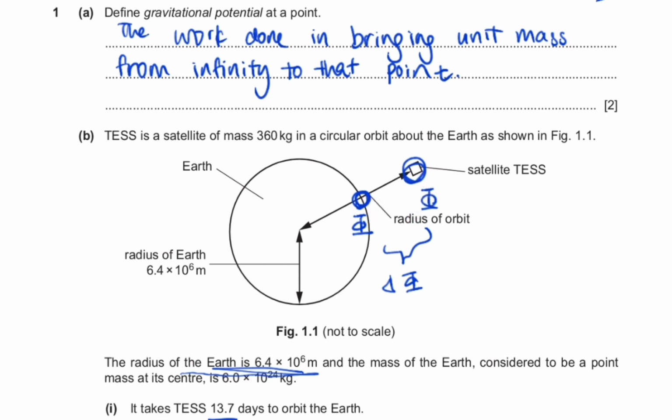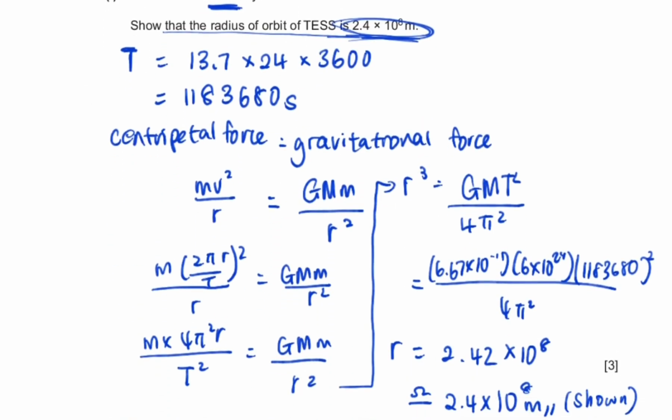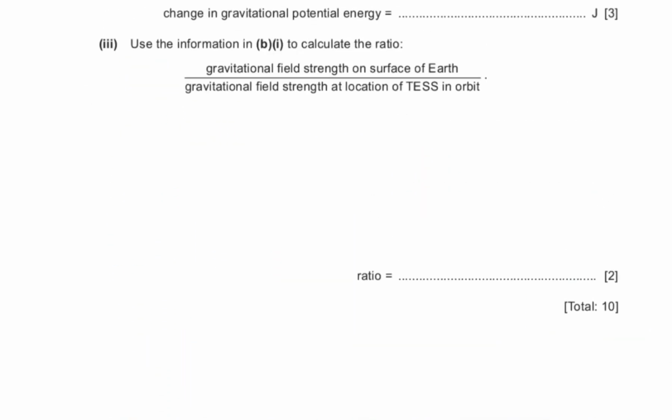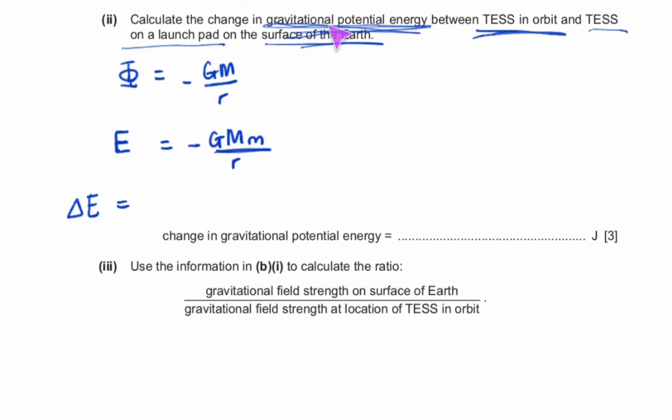We can take the radius of the orbit of Tess, and then we can minus it from the radius of the Earth. So we have two values here, and we just have to use these two. So we can go ahead and do that right now. And we obviously don't need the negative signs over here because both of them have negative signs, and we're just trying to find the difference between them.